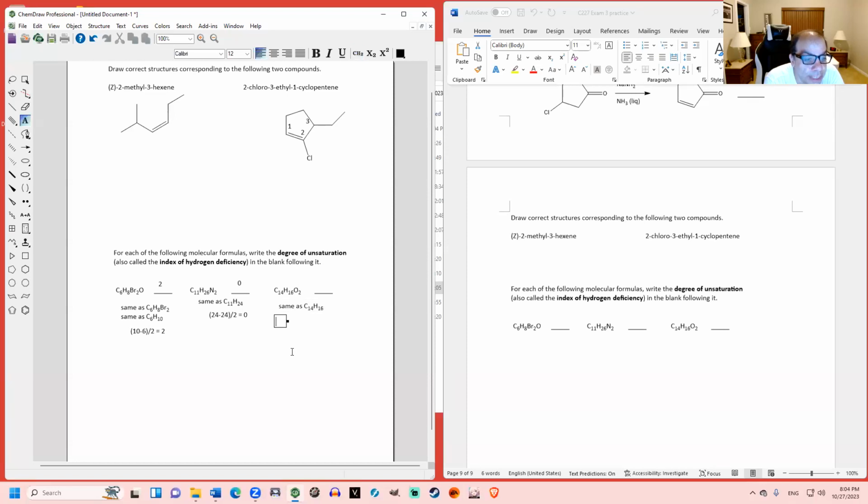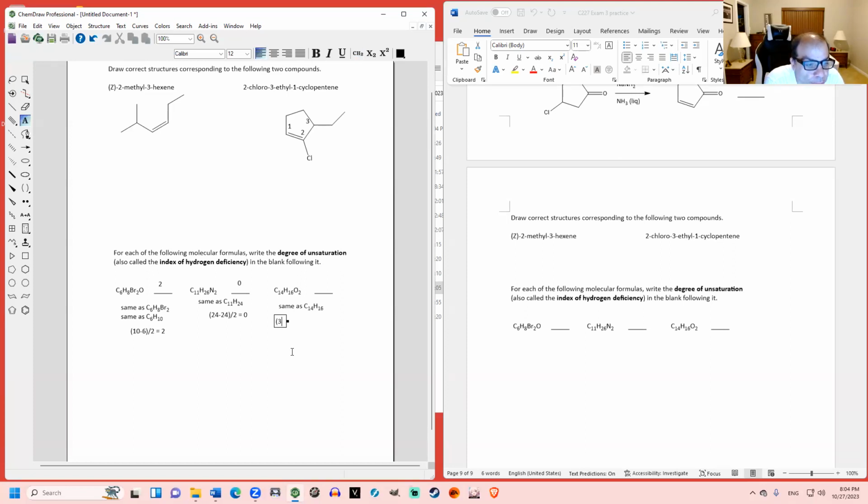So that's a very unsaturated compound. If it were fully saturated, 14 times 2 is 28, plus 2 more. Remember, 2n plus 2, twice the number of carbons plus 2 more. 2 times 14 is 28, plus 2 more is 30.